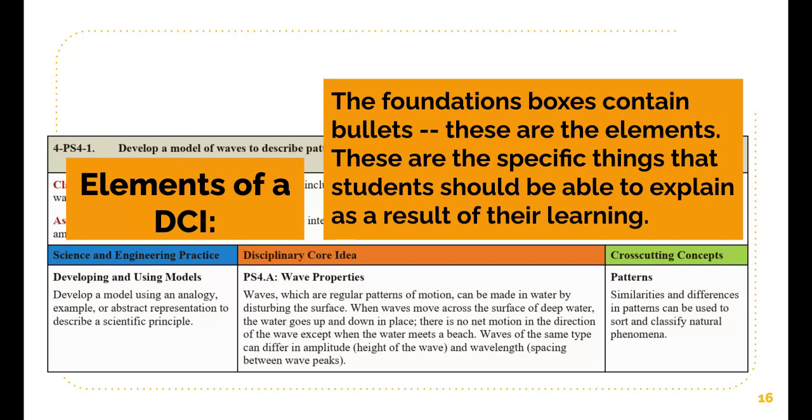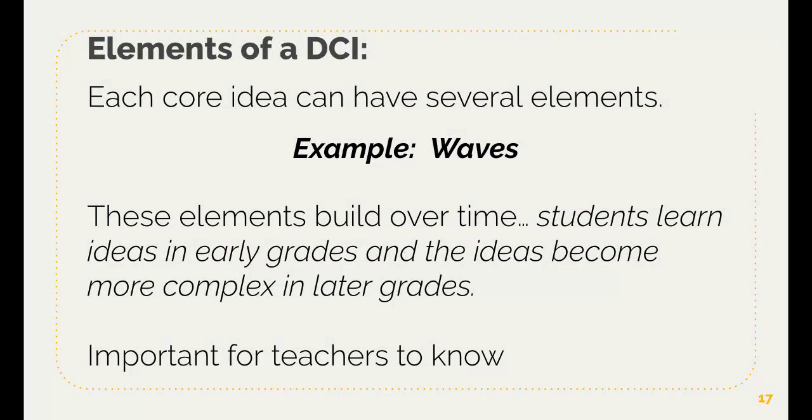The elements are the text there underneath the code, the specific things that students should be able to explain as a result of their learning. Really dig into that and try to understand what that means and what that looks like, and how you can design learning experiences using the practices to help them dig into those and figure out those things.